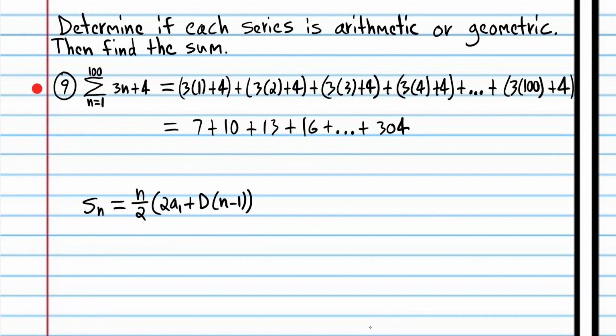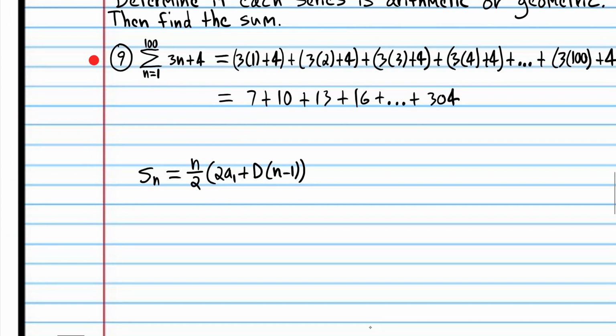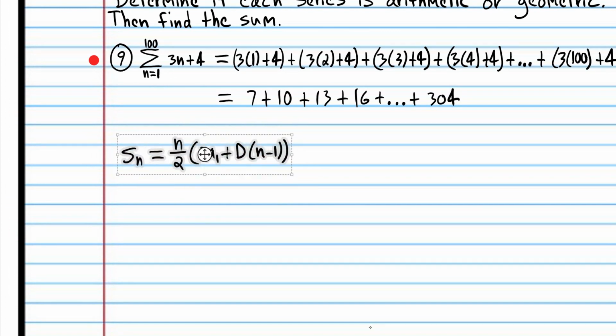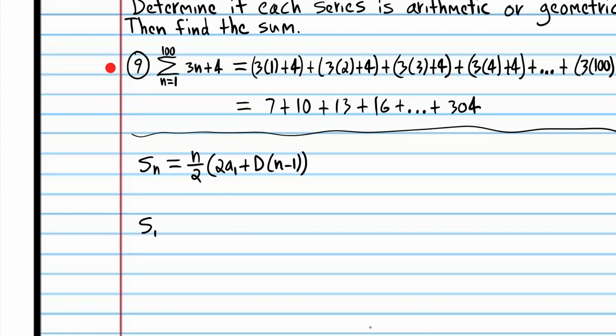This is an arithmetic sequence because we're adding a constant number each time to get to the next number. And so we know what the first term is. We know there's 100 terms because you're starting at 1 and going to 100. So now we can use our formula, because again, we're not going to add every term individually. That would take forever. So we'll use our formula, and we're adding up 100 terms.